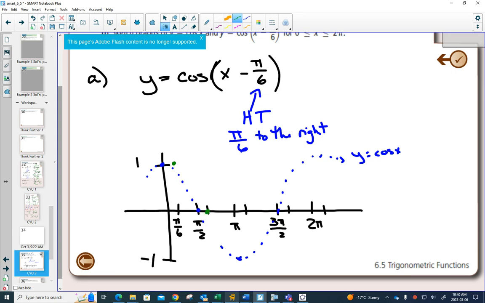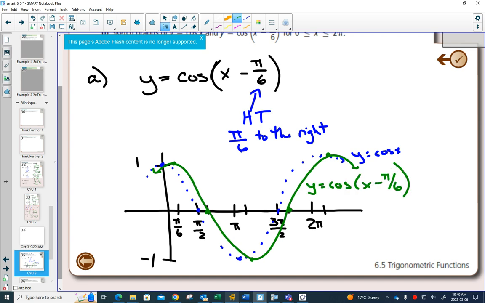Same thing here, move this one that much over, move this one that much over, take the maximum, move it that much over. And then my green graph has my shift of pi over 6 to the right.